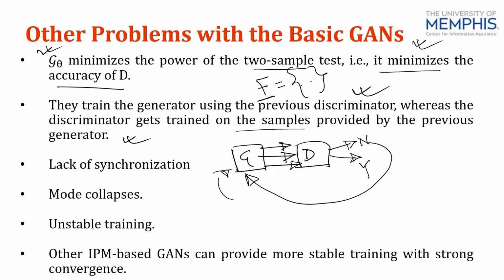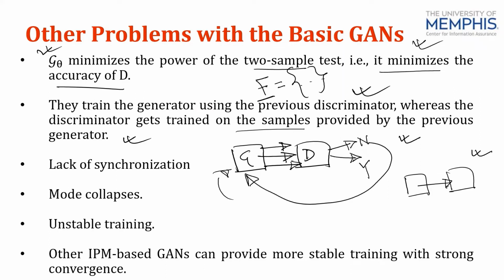Now the same thing is done while training the discriminator. We try to train the discriminator on the previous generator. So it is surely a two-stage problem. That means the generator will be trained on the previous discriminator, and the discriminator will be trained on the previous generator. So this is a two-step optimization problem, which requires a lot of synchronization in between.